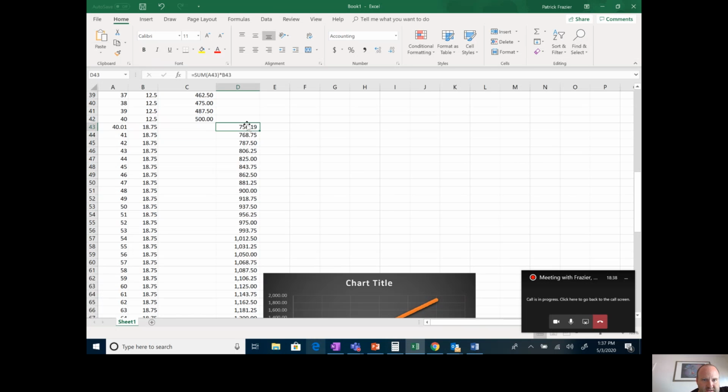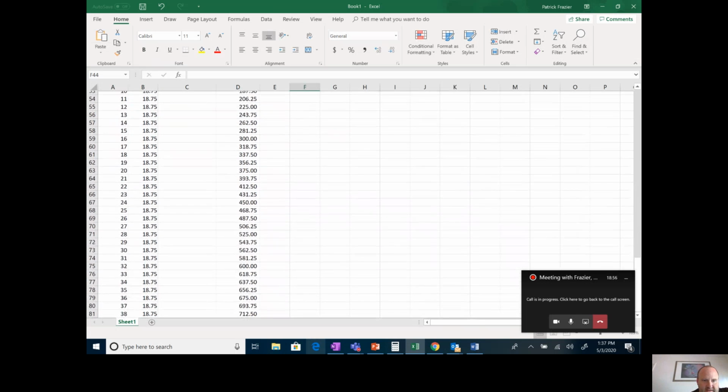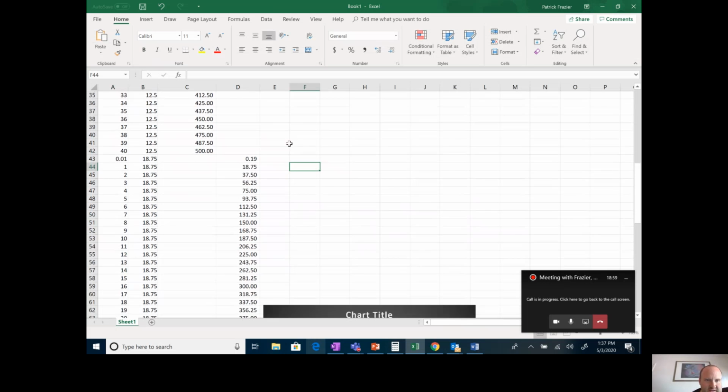It's just between 750.19 down is wrong. So first of all, it's not 40.01, it's 0.01. And then it's 1. And then we'd go all the way down to 60 because 60 plus 40 is 100, so that makes sense. And then for our dependent variable for 19 cents, remember that's just plus 500. Plus 500, and then we'll drag that formula down.